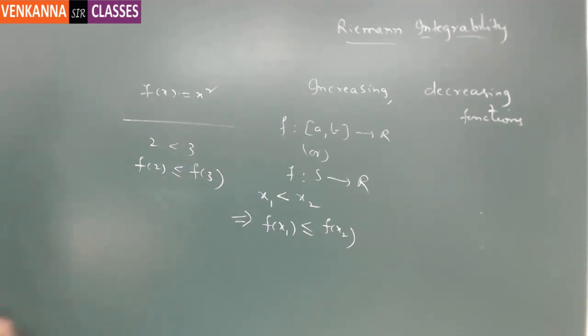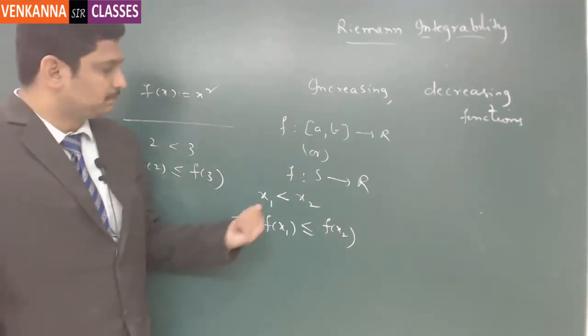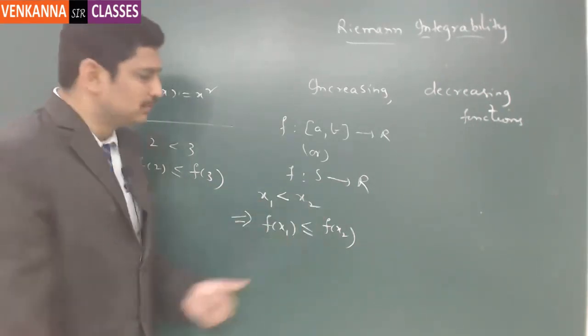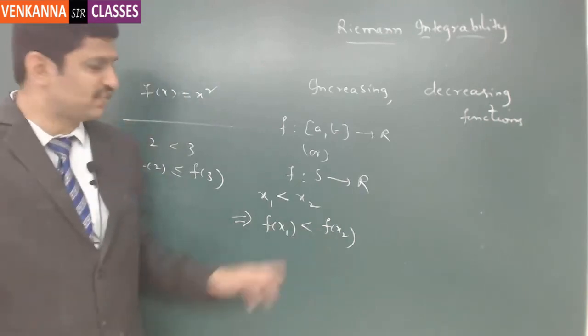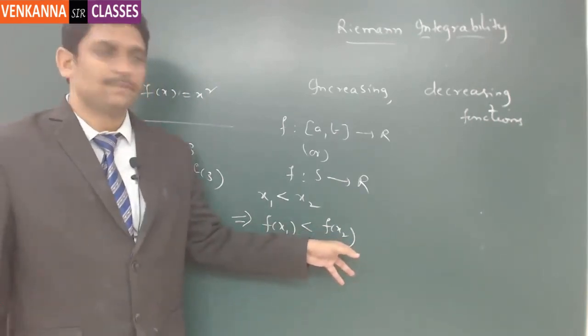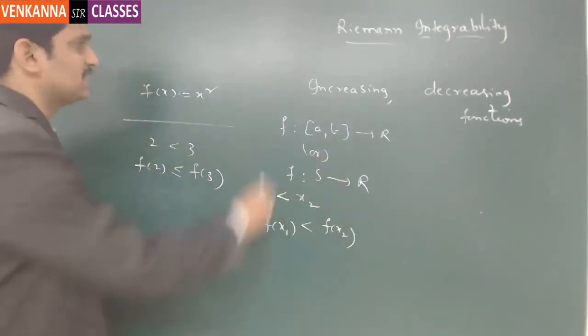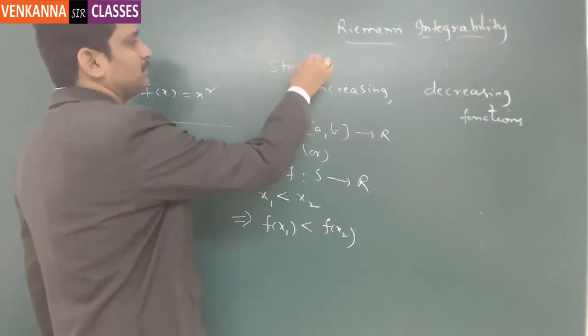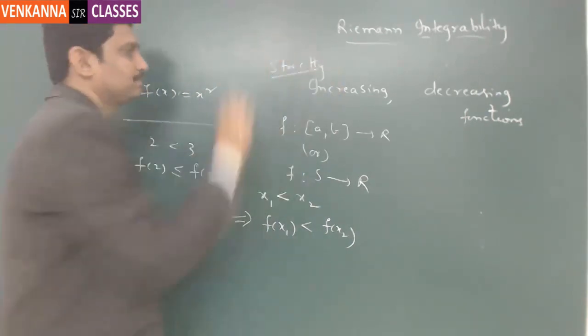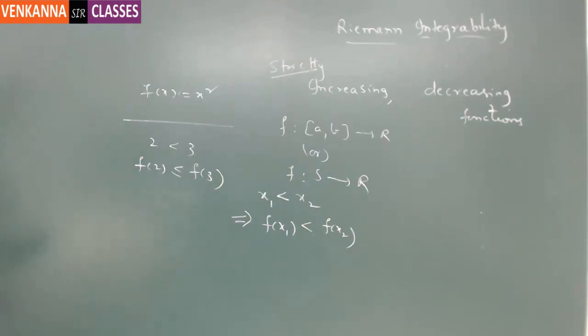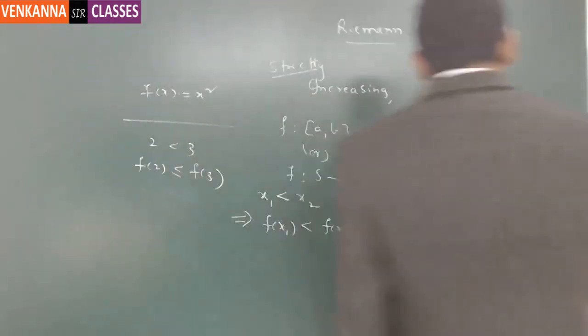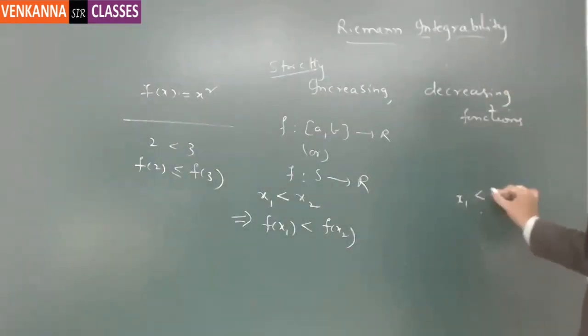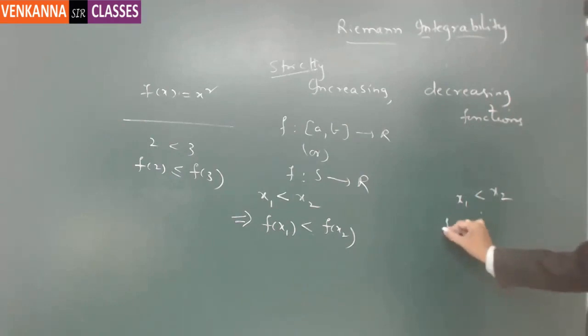In particular, if x1 is less than x2, and f of x1 is strictly less than f of x2, then we say that f is a strictly increasing function. Similarly, we define the decreasing function: whenever x1 less than x2, f of x1 must be greater than or equal to f of x2.